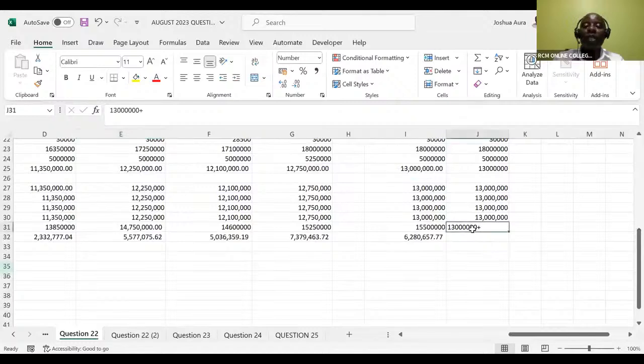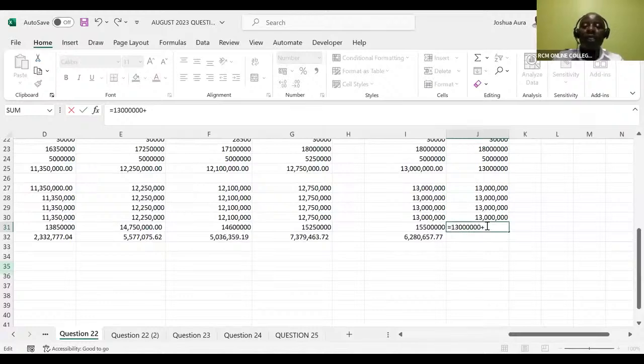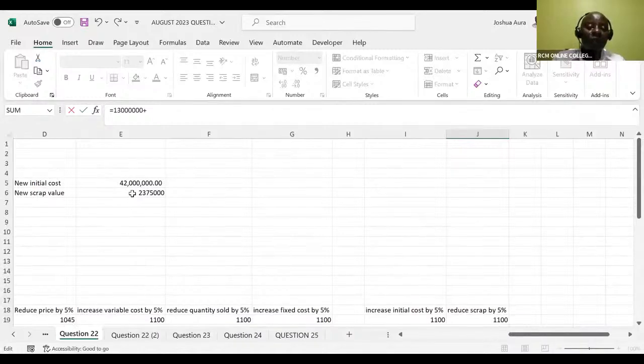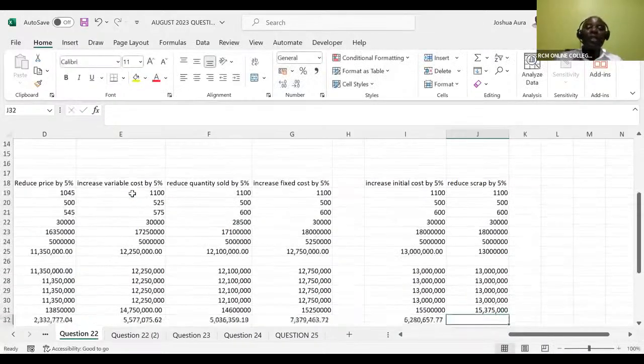It never picked. So let me pick this. It's supposed to be equals here, and then you say plus. When I'm here, I should be able to pick the scrap value. This is the one that I want to pick there. You say enter, then I should be able to get the new figure.